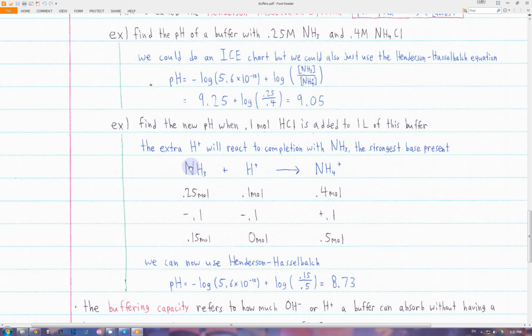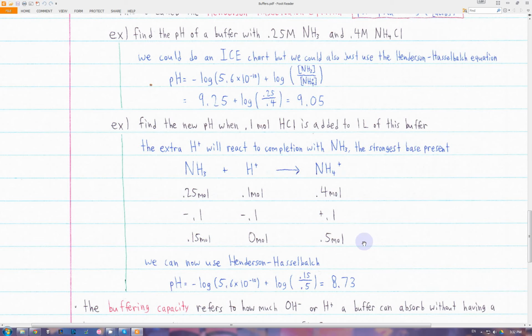So the reactants will lose 0.1 moles, since H plus is the limiting reactant, and then ammonium will gain 0.1 mole. So these are our final amounts. Now at this point, we'd have to convert between moles and molarity again.